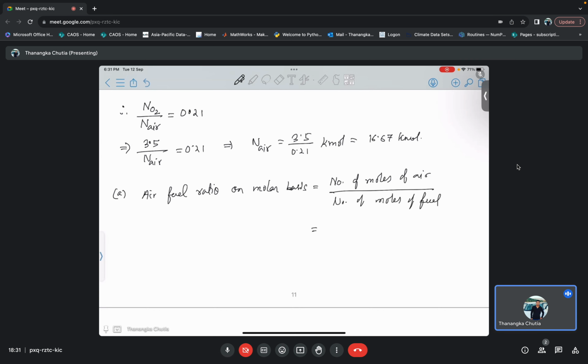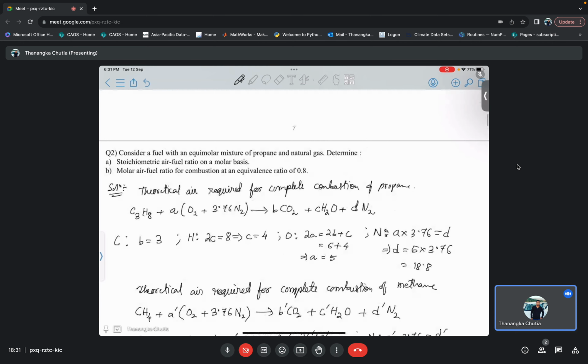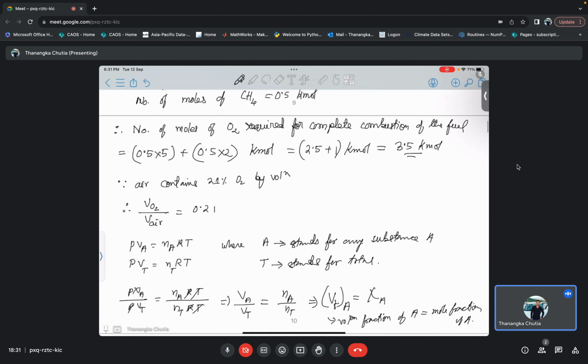Number of moles of air you have got 16.67, and number of moles of fuel you have taken as 1 kilomole. So that is 16.67. Is it clear? So this is the first part. This is how we are doing the stoichiometric air fuel ratio on a molar basis.